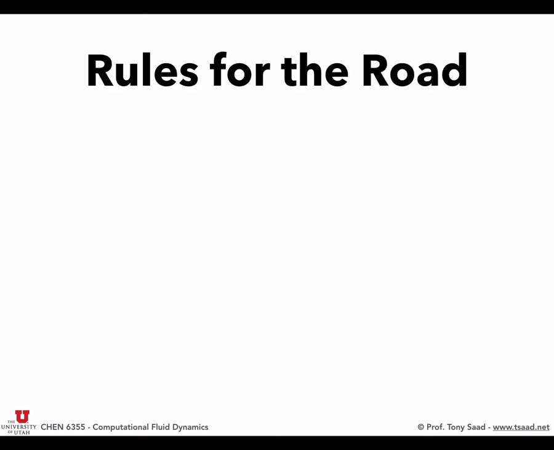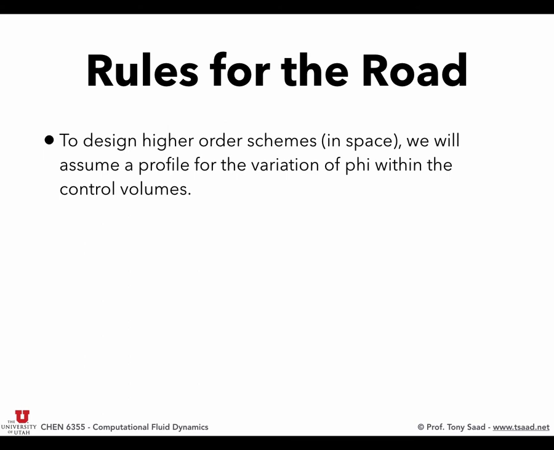Rules for the road. Just like we assumed a profile or an approximation for the integral in time, and we said we're going to choose the midpoint rule because that's going to give us better accuracy, and that assumes a certain profile in time, the way to get higher order fluxes in space is to assume a profile for phi.